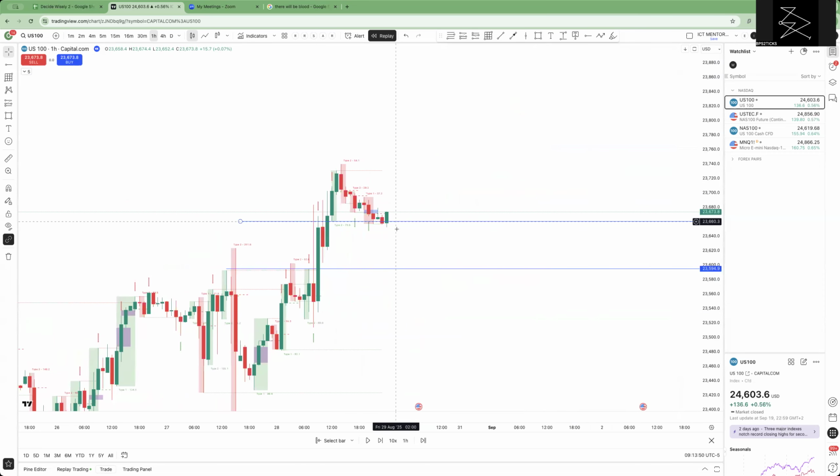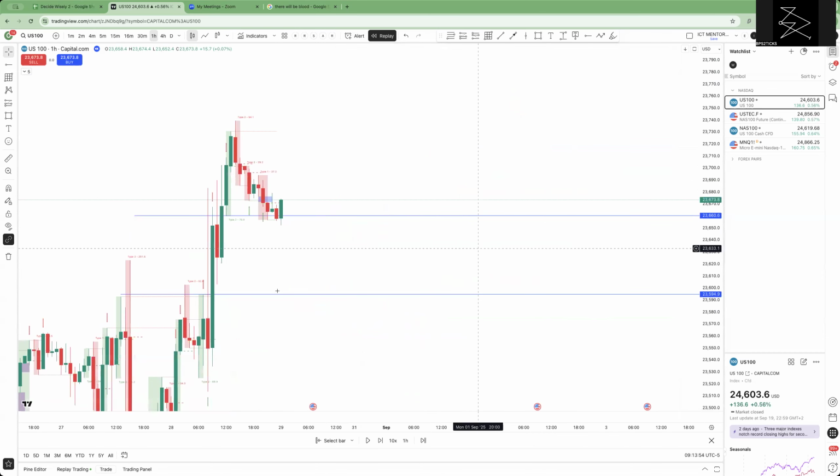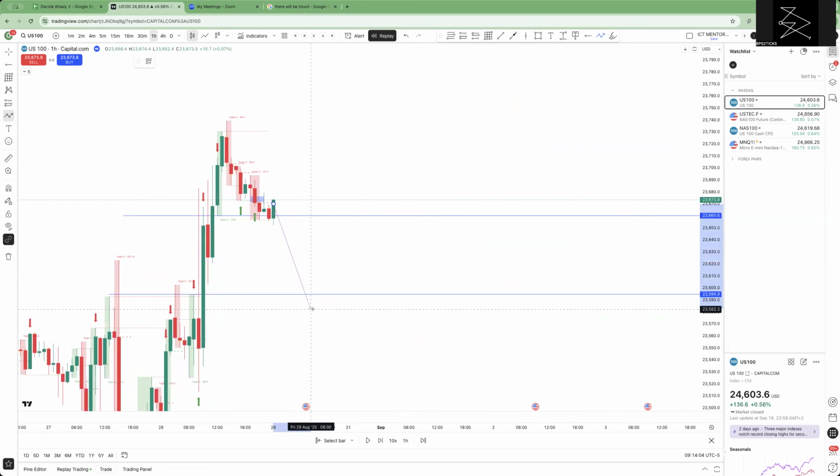We need to fill this inefficiency. From here to here doesn't have a green candle, doesn't have a green setup. That means I want price to either do this and then do this and continue, or any which way, do this, continue, either way. Just fill this up for me, please.